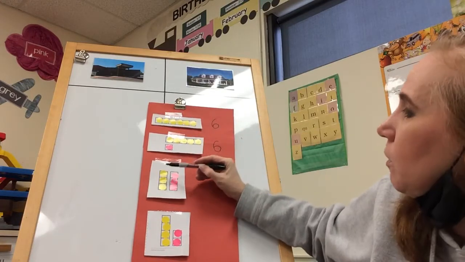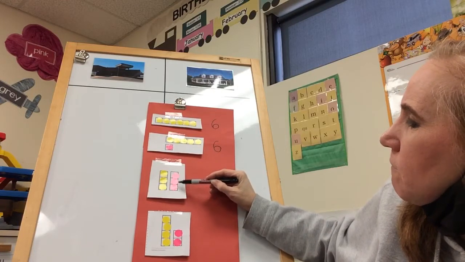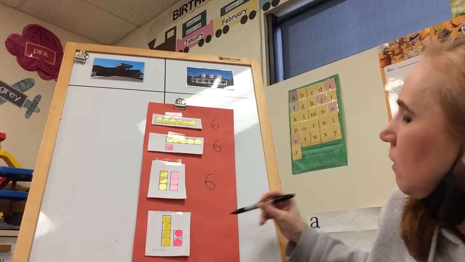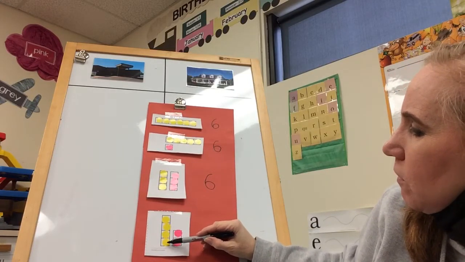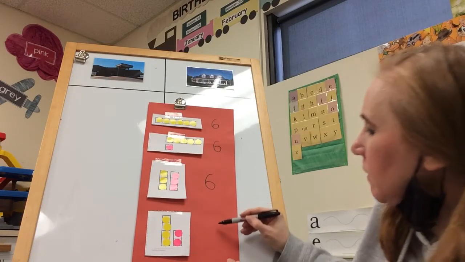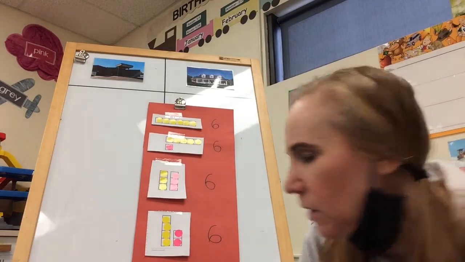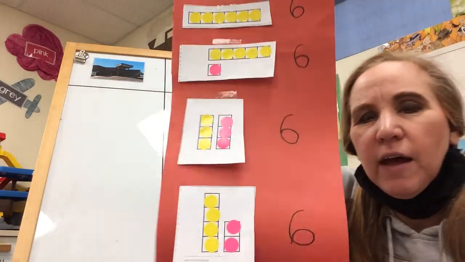All right, let's try this group. 1, 2, 3, 4, 5, 6. Wow, another group of 6. Let's try this last one. 1, 2, 3, 4, 5, 6. Look at that, everybody. All of our groups had 6 in them.